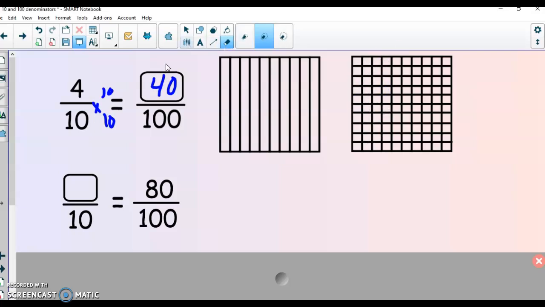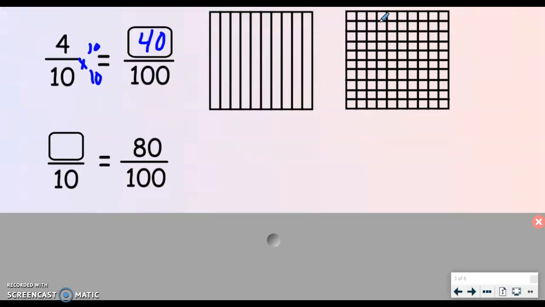If you use the models, which I can erase really quick, and I have blue. If you were to use the models, we had 80/100, so 10, 20, 30, 40, 50, 60, 70, 80. This whole space in here would be 80/100ths. And if I were to fill in that same amount of space over here, you notice I have 2 columns remaining over here.